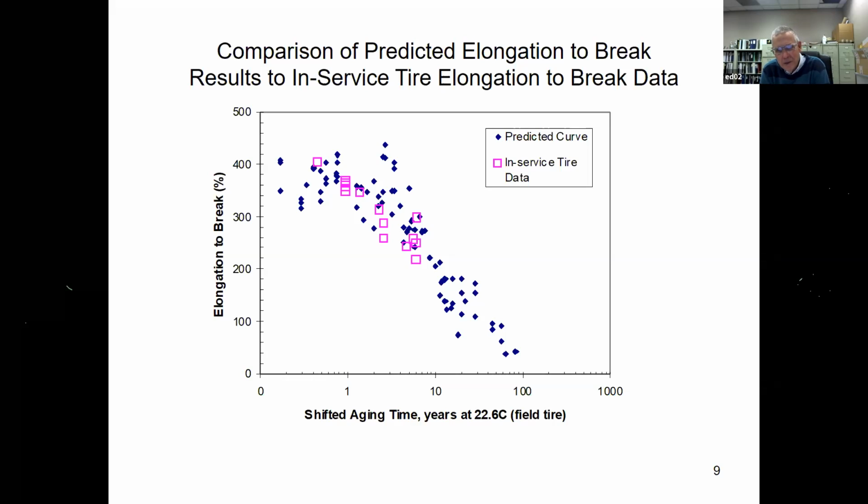If you don't have anything else, you can choose elongation to break because tensile property is so easy. So I think we chose it for ease, and it also seemed to be working really well.